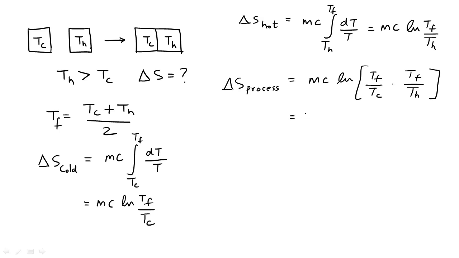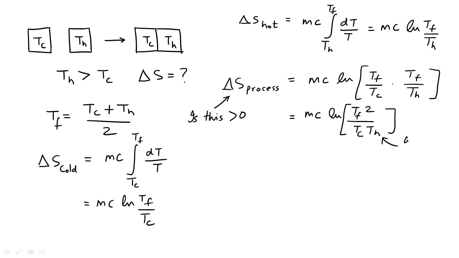That is equal to mc ln Tf squared divided by Tc Th. Now the question is, is this entropy of the process greater than 0, or in other words, is this term in the ln greater than 1?